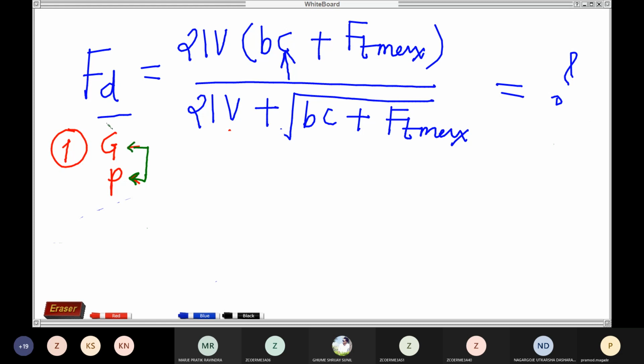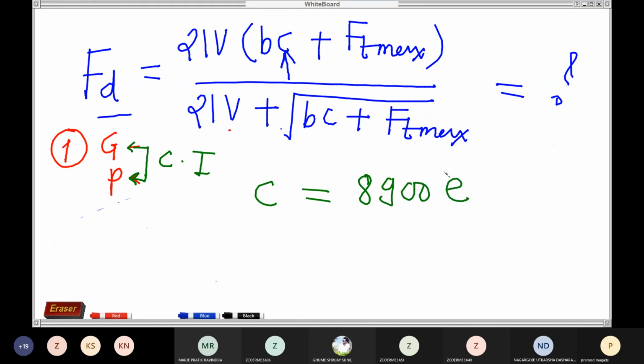You can write from your end: when gear and pinion are made up of cast iron, then the deformation factor C is equal to 8,900 times error.